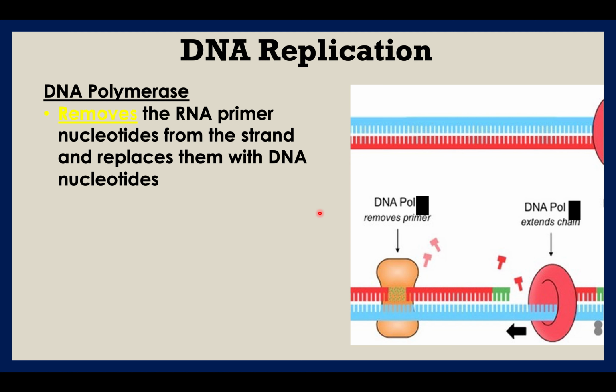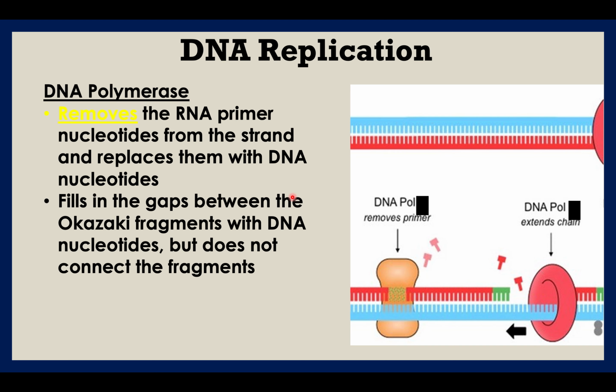With that exonuclease activity, DNA polymerase is able to remove the RNA primer and then replace it with DNA nucleotides. This is how the Okazaki fragments are filled. This is how the gap is filled.